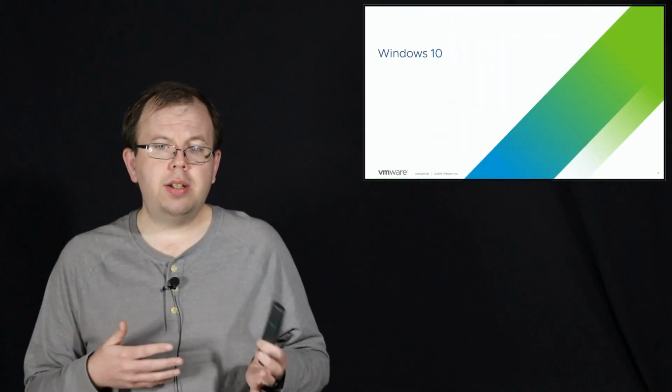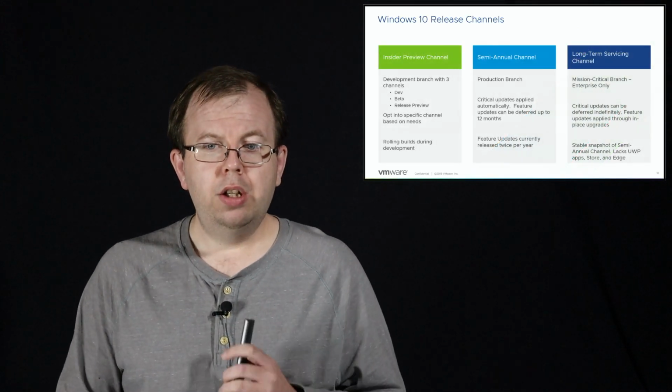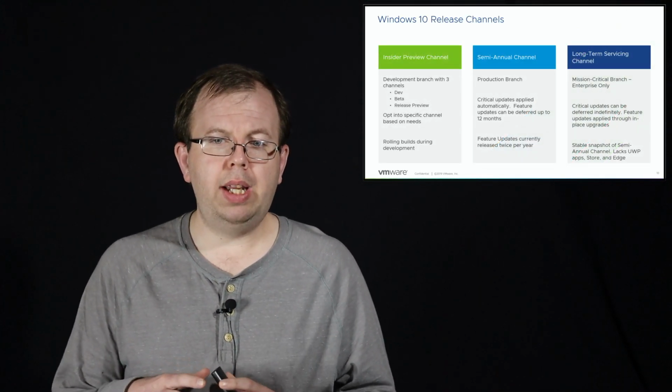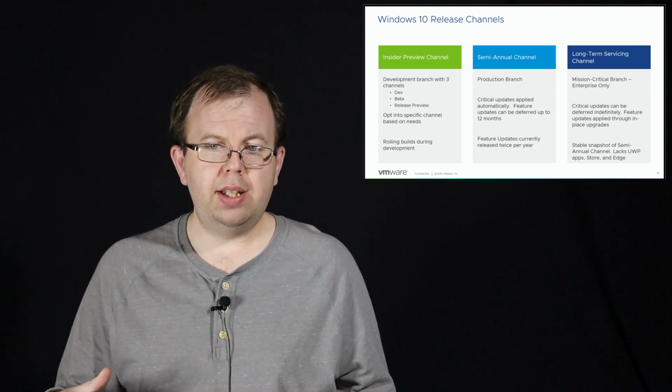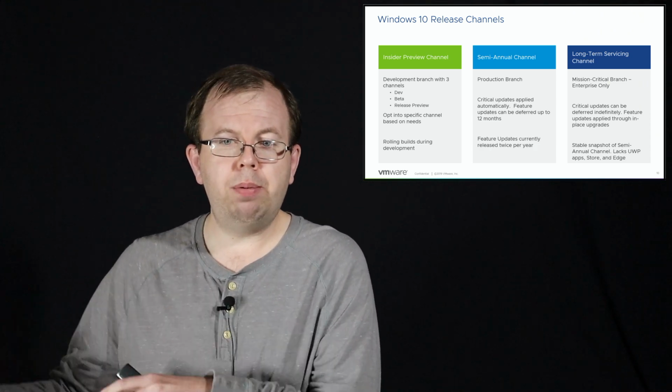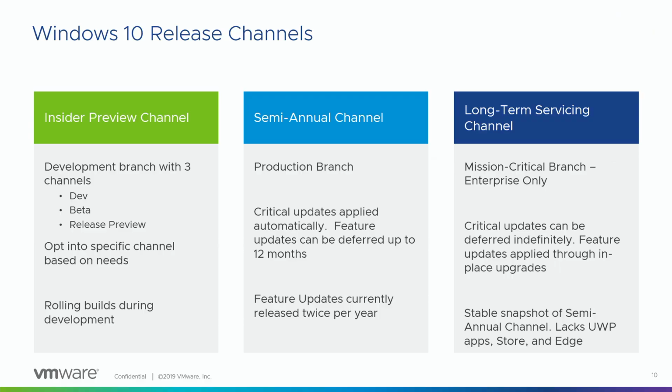So now let's segue into Windows 10 and talk about that a little bit. So with Windows 10, we kind of move away from these major releases every couple of years, and this closed beta model, and we have what they call release channels. Right, so there's 3 release channels with Windows 10.